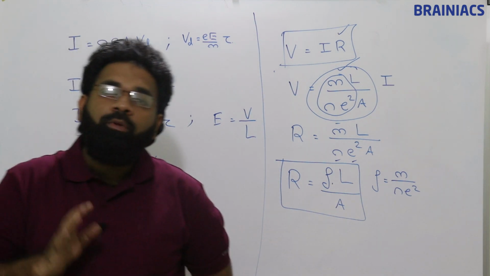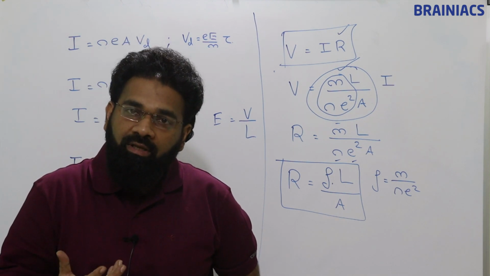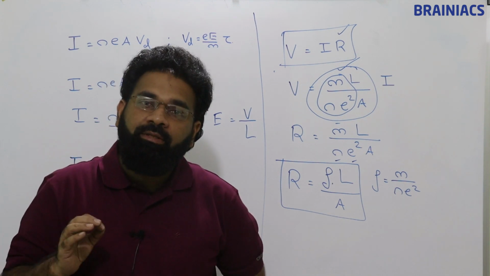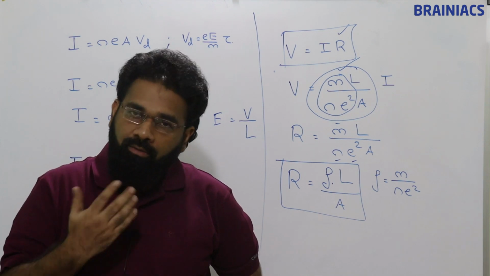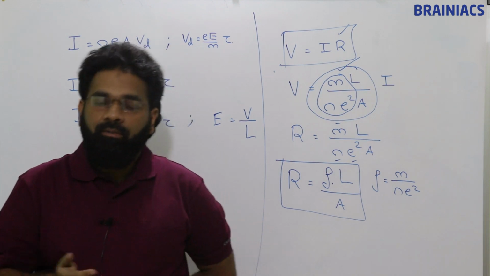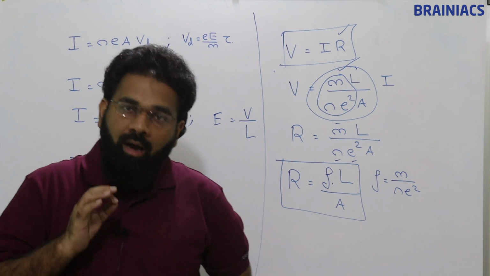How much resistivity rho a material has determines how much resistance that material will provide while a current is passed through that conductor.